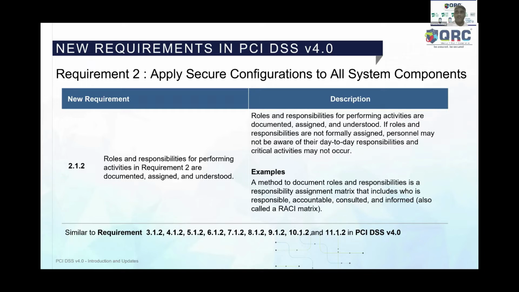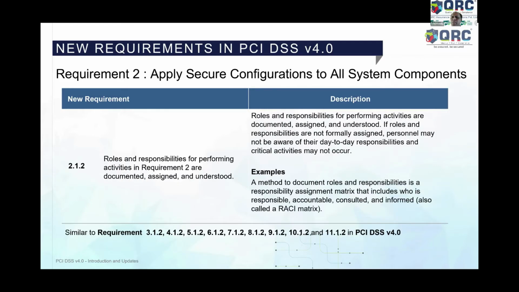It means requirement by requirement, the organization is supposed to choose the roles and responsibilities, and that has to be documented, for example as a role-based access control matrix, with responsibility, accountability, information. The roles have to be assigned, and whoever is responsible, the organization must make sure they fully understand the requirements. So this is one of the changes here.